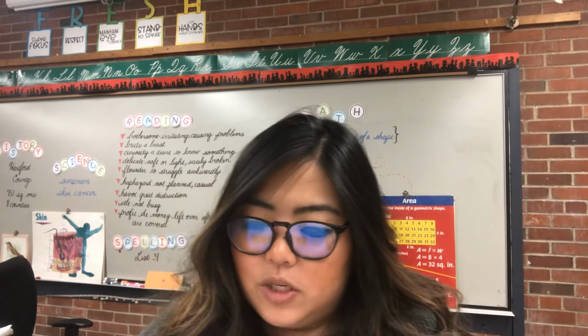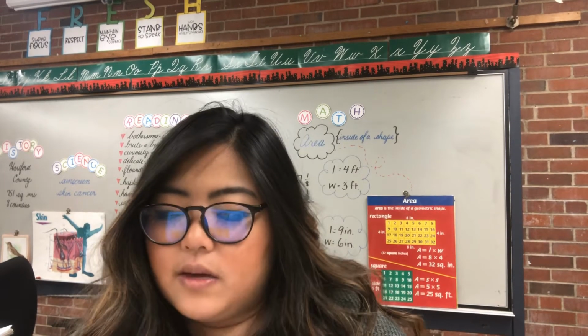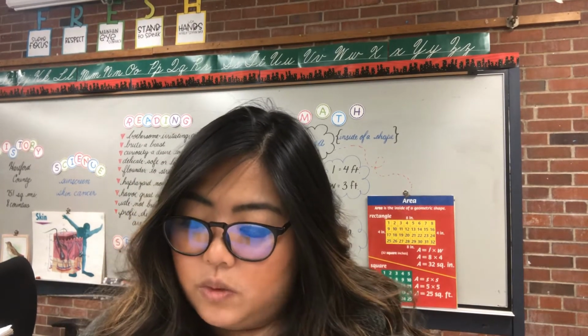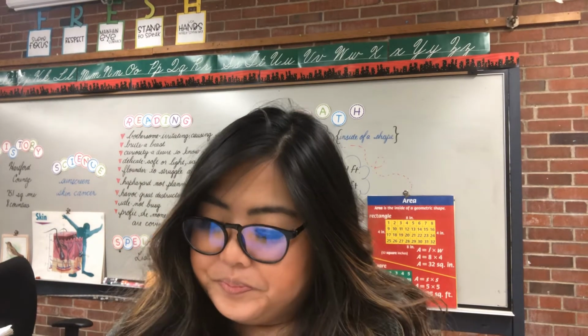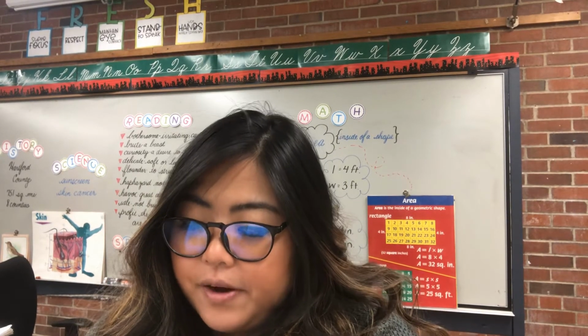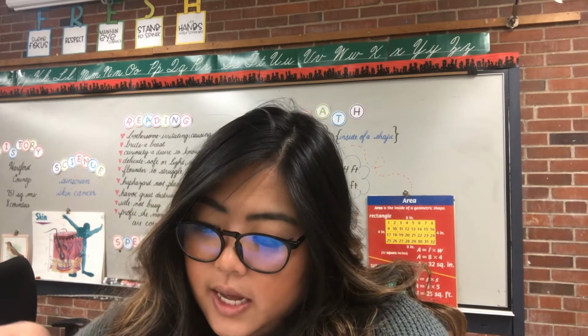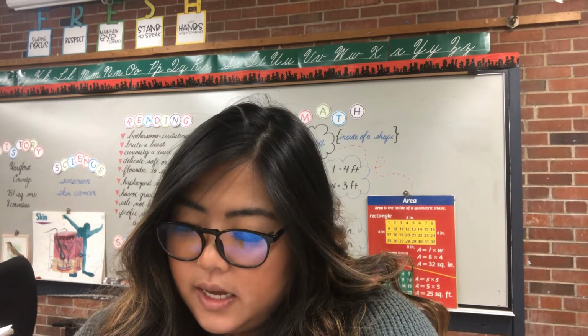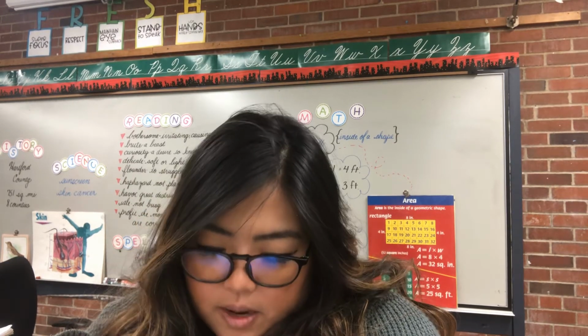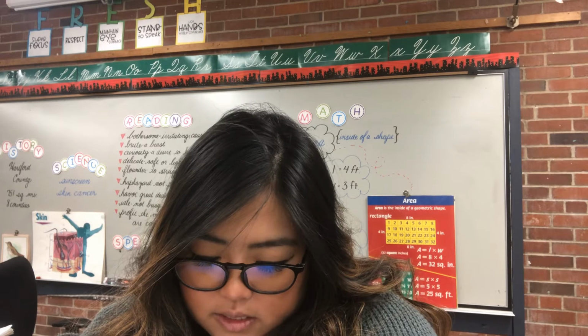Let's look at section 1. Find the square units in each figure. So what you can do is you can count them all going across, and you can tell me how many are in that box.